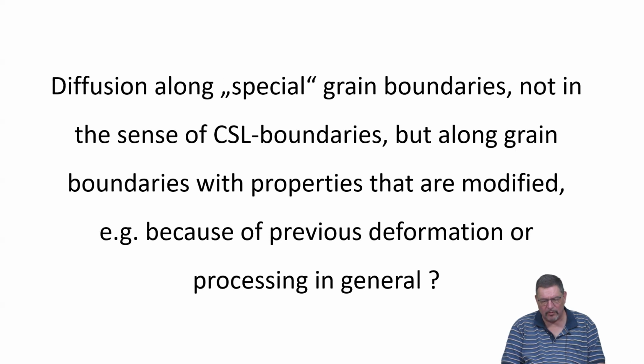Now we also have special grain boundaries, not special in terms of the definition by the CSL theory, where you have special symmetric positions. I have talked about this in one of the earlier lectures. But when you now process a material, let's say you cast the material, you want to roll it out to get a sheet.